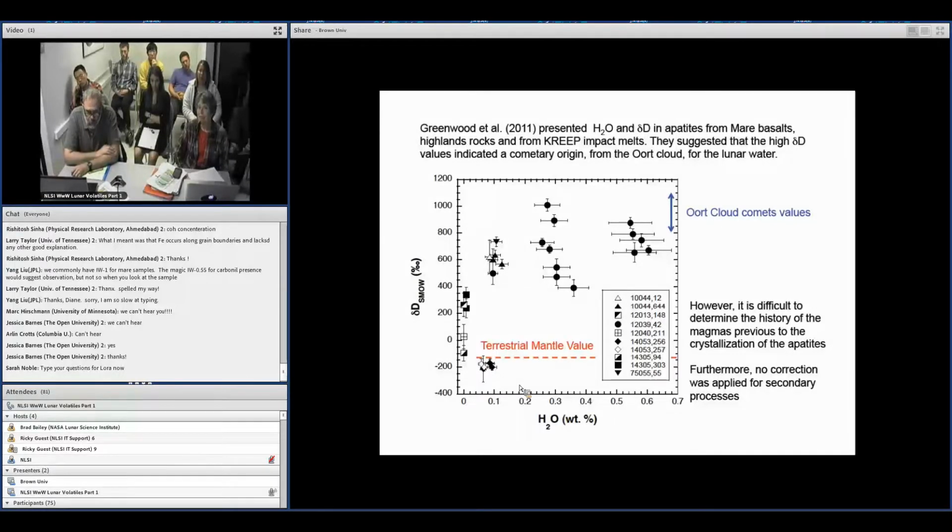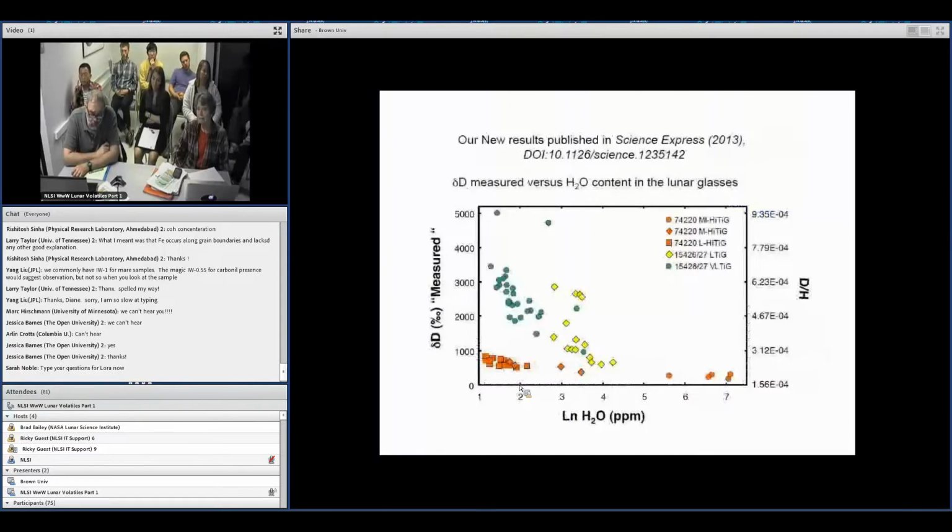The problem that we have with the study of apatite is that it's very difficult to determine the previous history of the magma, either crystallization or degassing, and furthermore there is the problem of impacts. So you have solar wind implantation and later impacts, as demonstrated by Liu et al. 2012. So there are several complications with apatite.